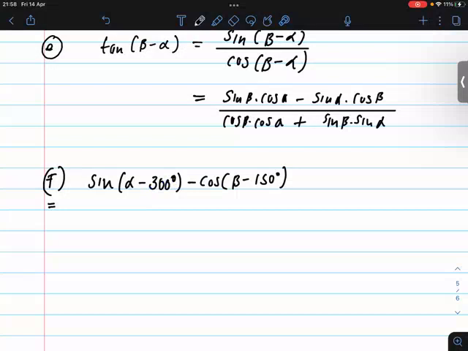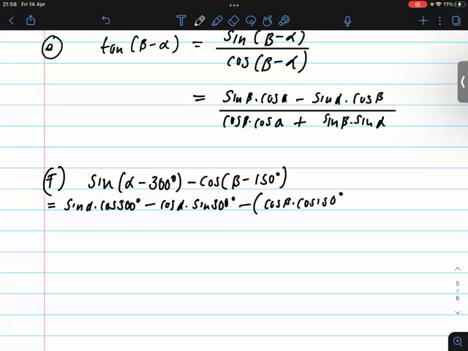So this will be sine alpha cos of 300 minus cos alpha sine of 300. Minus, I suggest you put this in brackets, because the minus will affect everything inside the bracket, cos of beta cos of 150.